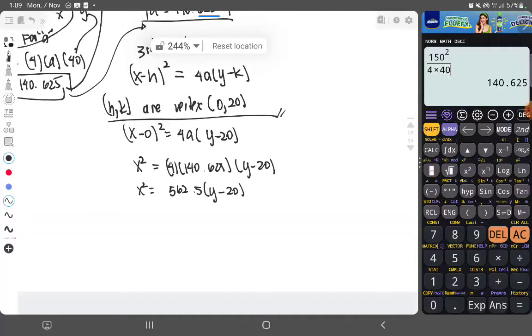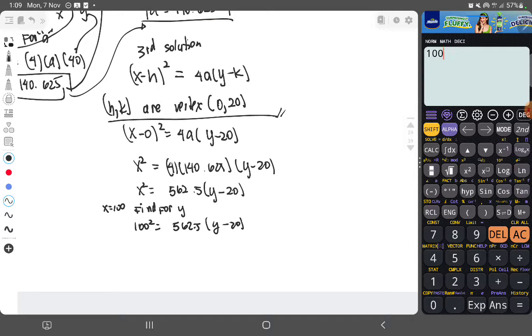Now, considering our x is equal to 100, find for y, we have 100 square, which is equal to 562.5 multiplied by y minus 20. I will have 100 square divided by 562.5.